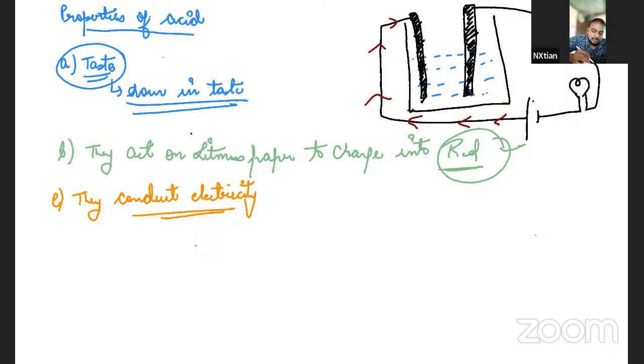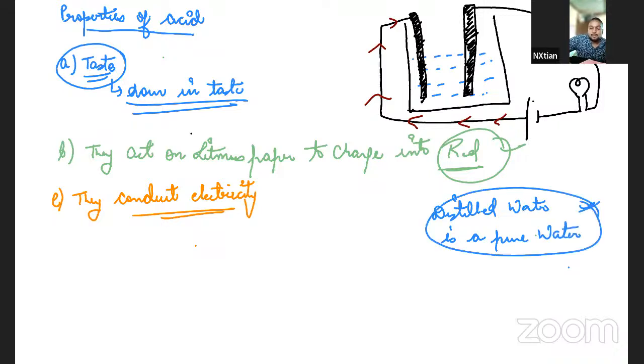It's called distilled water. Distilled water is pure water. Now what does this mean? Pure water is water which does not conduct any electricity.